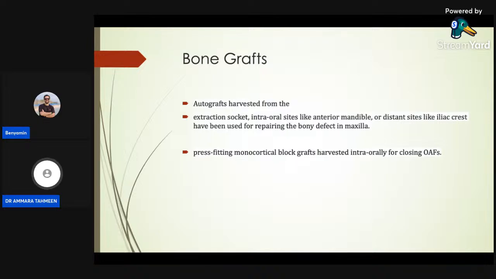So you are just prolonging the patient's treatment time. So if there is need of the teeth to be replaced immediately, it's best to do the bone grafting, followed by the closure of the sinus. And in the near future, the sinus lift procedure along with the placement of the implant can be done.